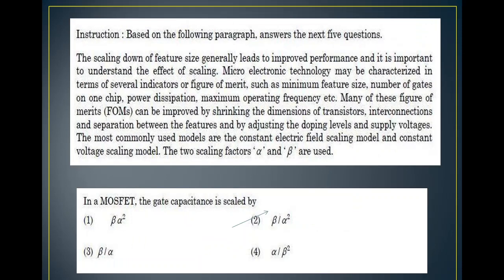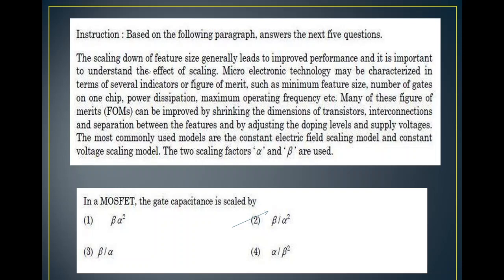Next, instruction. Based on the following paragraph, answer the next 5 questions. So, carefully listen or read this paragraph. The scaling down of feature size generally leads to improved performance, and it is important to understand the effect of scaling.